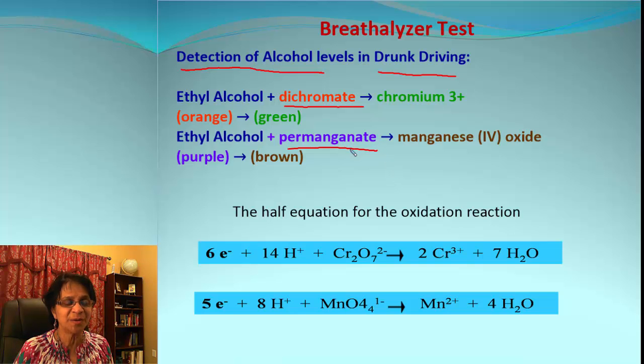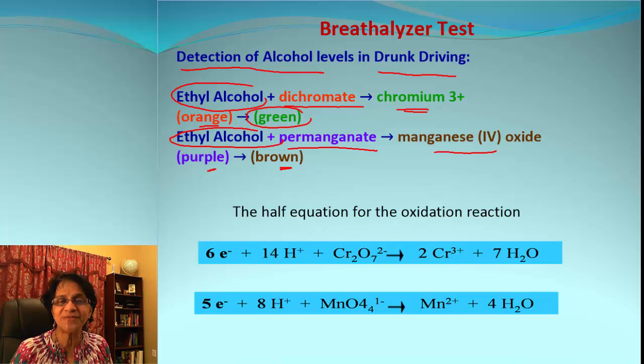Now they have a particular color. So dichromate has an orange color before, and after it reacts with ethyl alcohol, it turns into chromium 3, which is green in color. Whereas permanganate is purple in color and after it reacts with ethyl alcohol, it turns into manganese 4 oxide, which is brown in color.